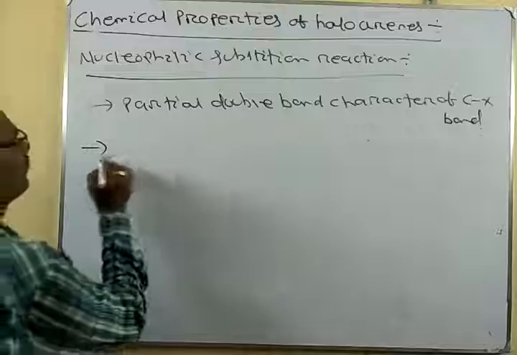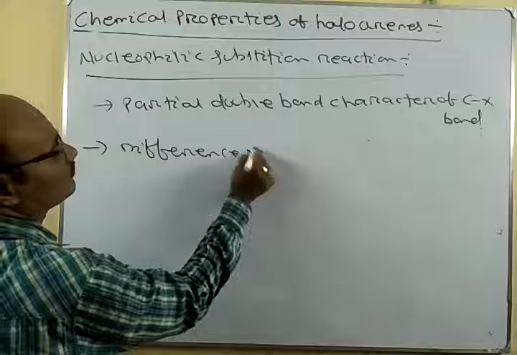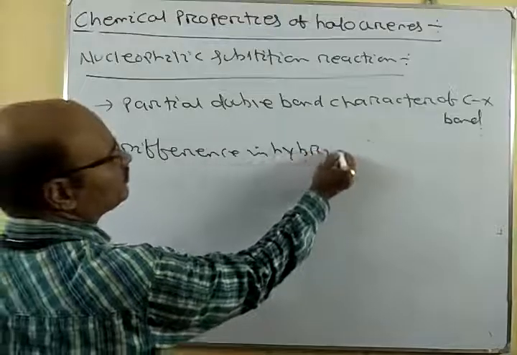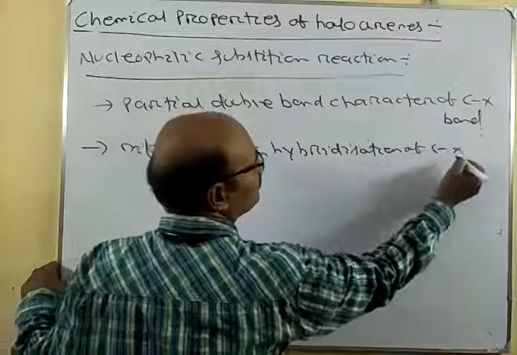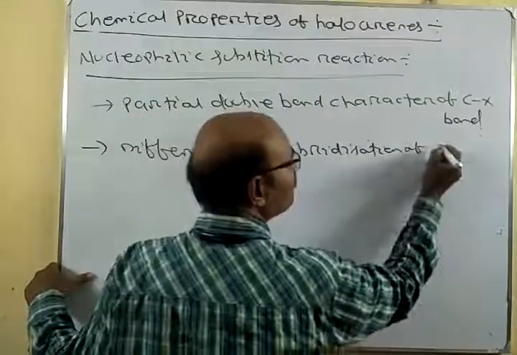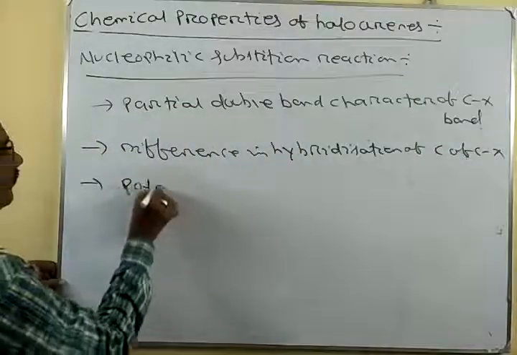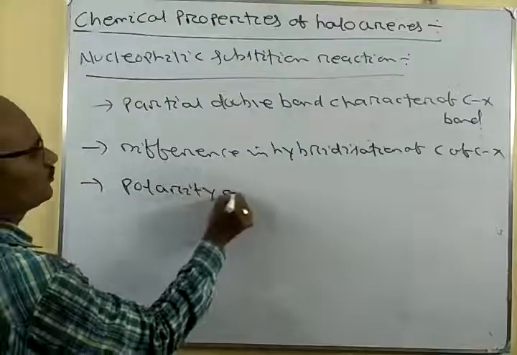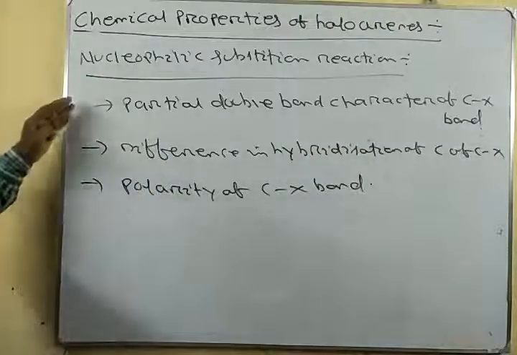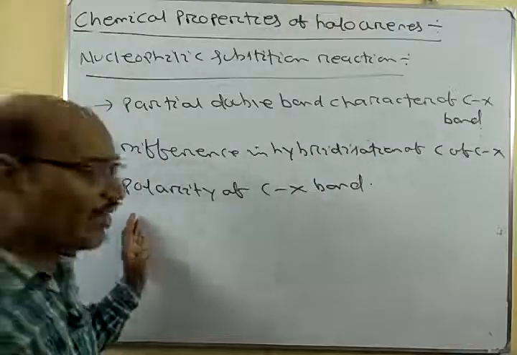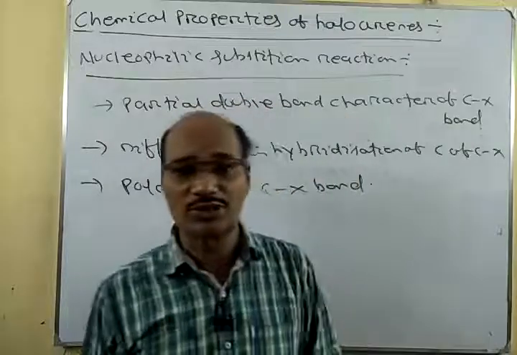Number two, difference in hybridization of C in C-X. Number three, polarity of the C-X bond. So these are the three reasons why haloarenes are less reactive towards nucleophilic substitution reactions as compared to haloalkanes.